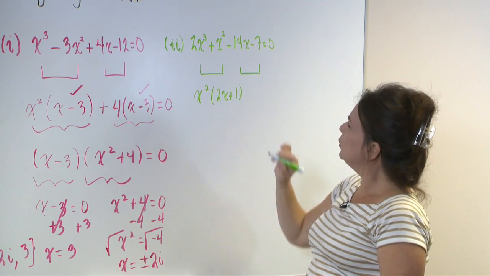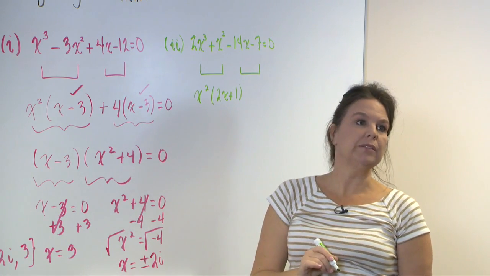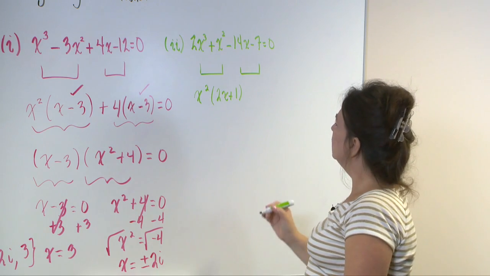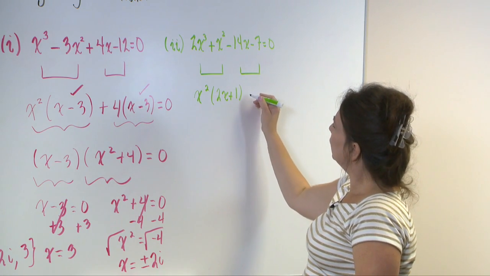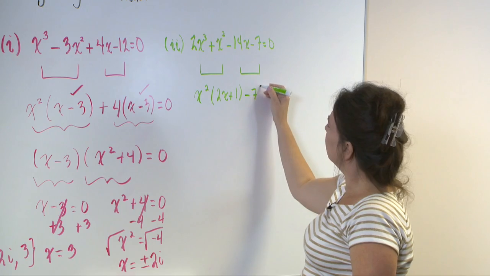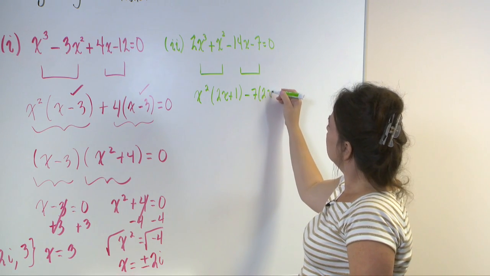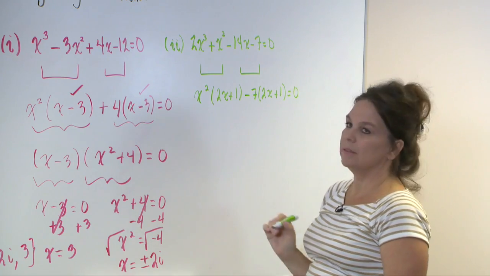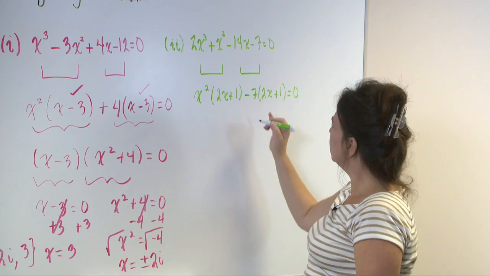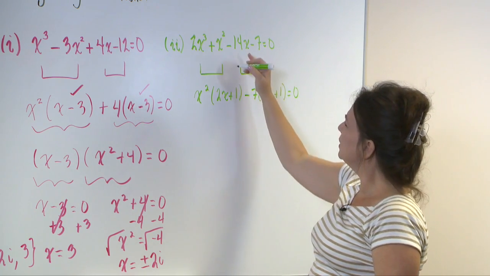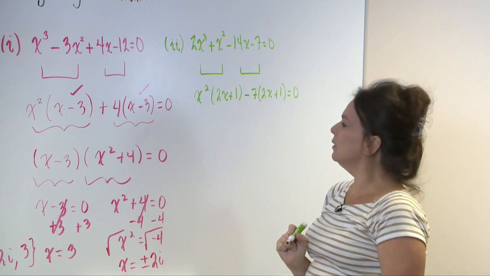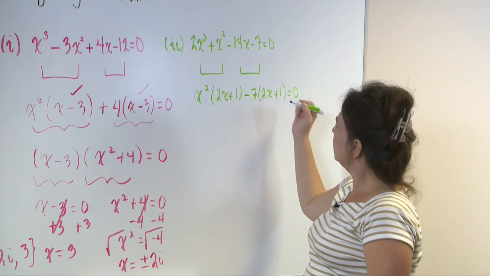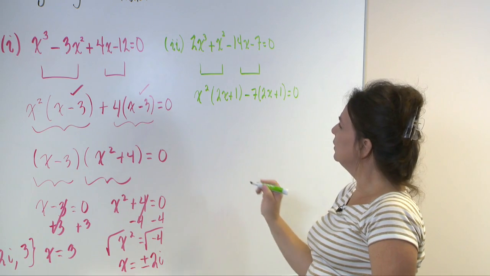Looking at the second two terms, I see that they're both divisible by 7, and they're both negative. I'm going to factor out a negative 7. If I do that, I'm left with 2x plus 1 as well. Take a moment to check that factorization. Negative 7 times 2x is negative 14x. Negative 7 times 1 is negative 7.